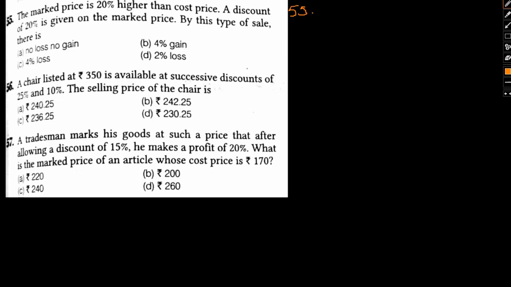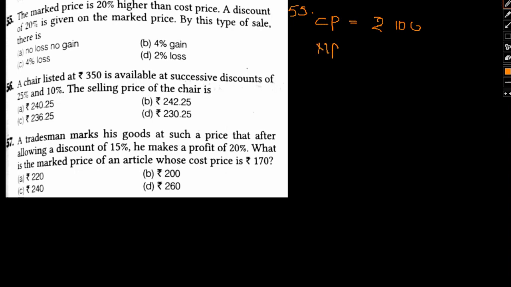Mark price is 20% higher than cost price. A discount of 20% is given on the mark price. By this type of sale, there is... Okay. So let cost price equal rupees 100, and it's given that mark price is 20% more than cost price.